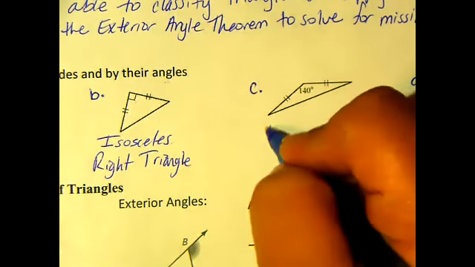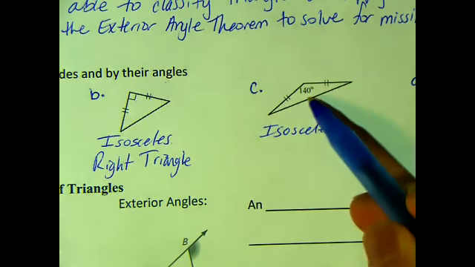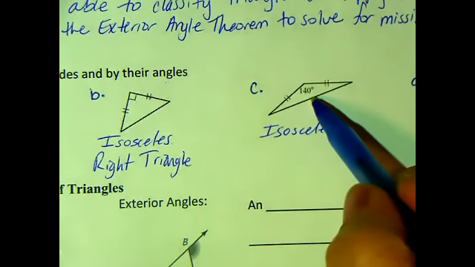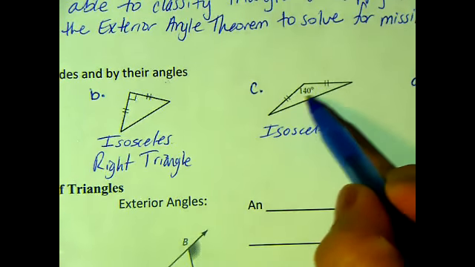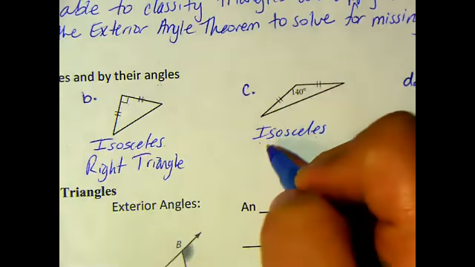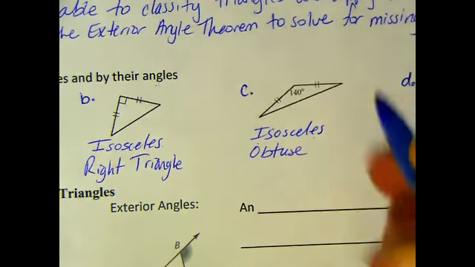And so we know this is going to be an isosceles once again. But is it an isosceles right, isosceles acute, or isosceles obtuse? In this case, again, we see this 140-degree angle. Again, that's greater than 90 degrees. So this is an isosceles obtuse triangle.